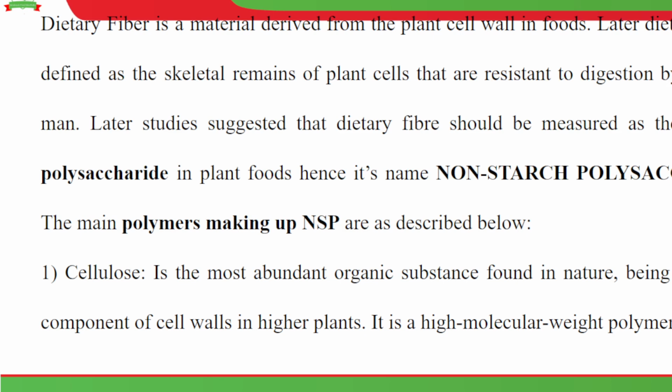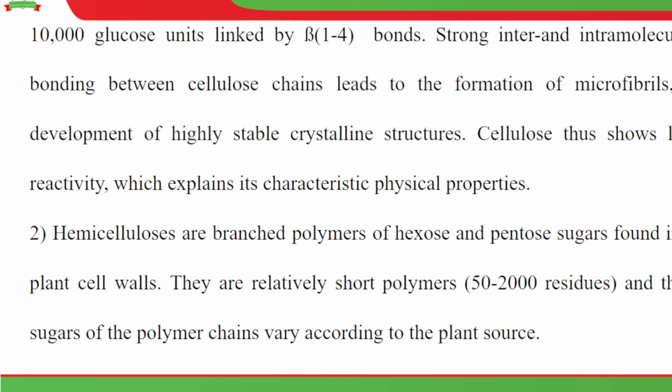It is of high molecular weight, a polymer of up to 10,000 glucose units linked by beta-1,4 bonds. Earlier, in the lecture on carbohydrates, we discussed this kind of linking, the beta-1,4 and alpha-1,4 and 1,6 bonding.